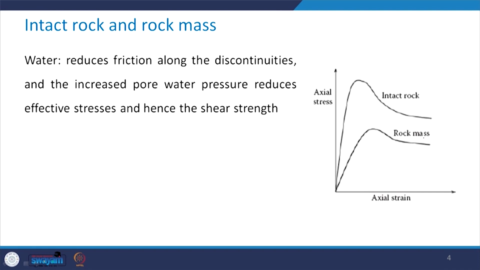So, because of the discontinuity, strength and stiffness are going to be less for the rock mass as compared to intact rock. Because of the discontinuity, the rock mass is more permeable, which further reduces the effective stress and therefore the shear strength.